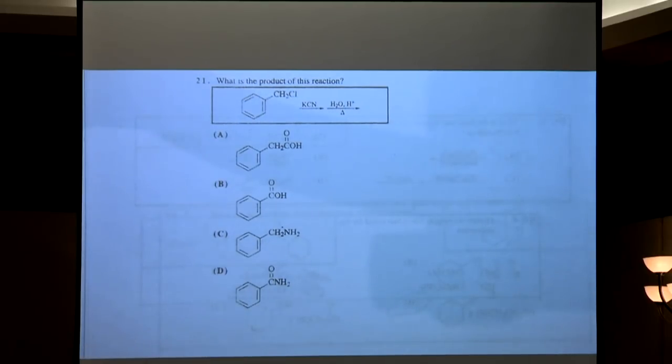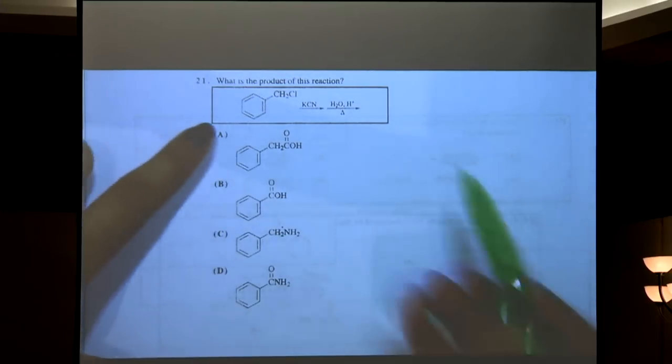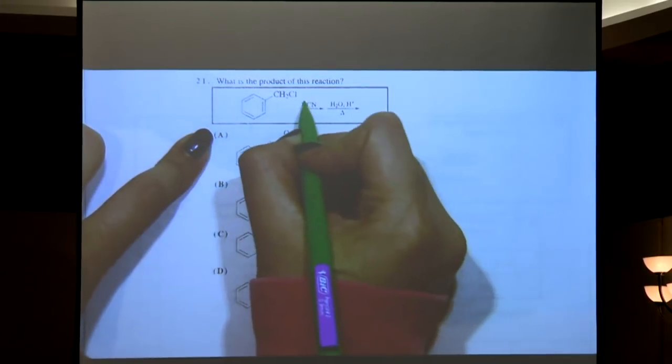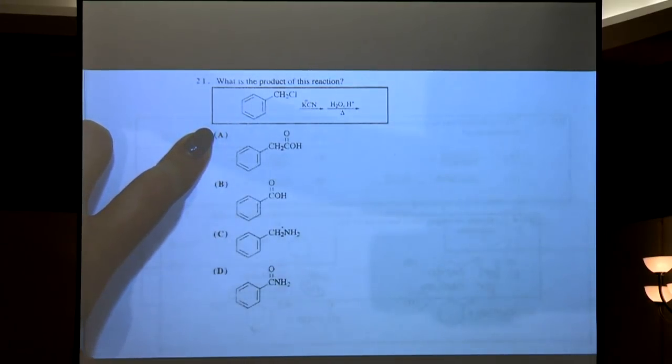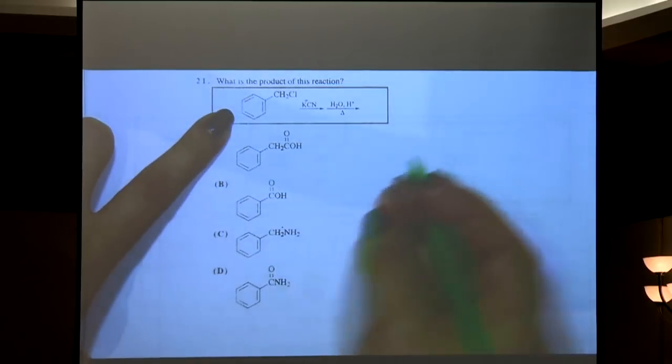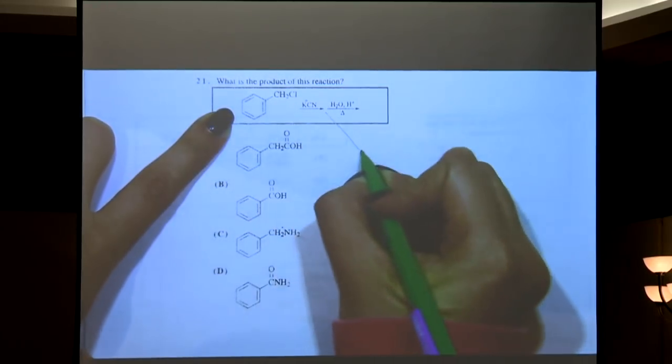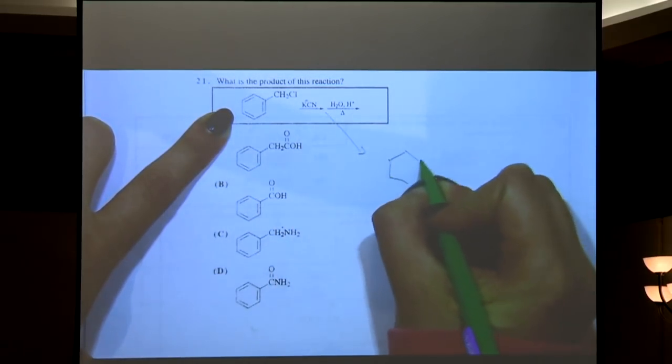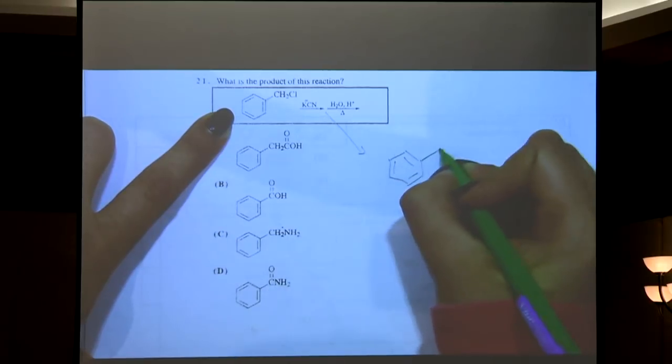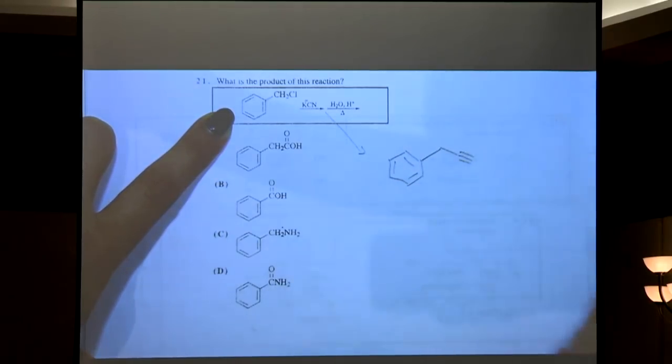All right. What is a product of this reaction? This is kind of like a synthesis problem. They're just giving you the reagents, so as long as you know what each reagent does, you should be okay. For the first one, we have Cl leaving. Nitrile is negatively charged, so we can replace that. So at least for the first step, that's what we're going to have.